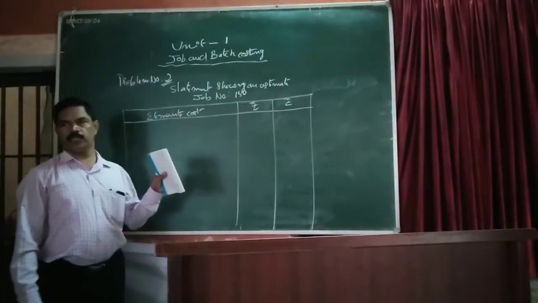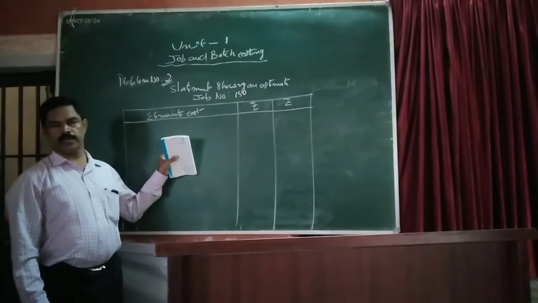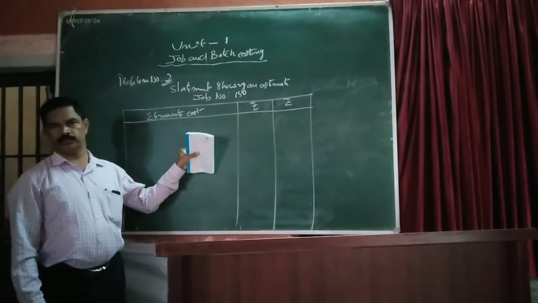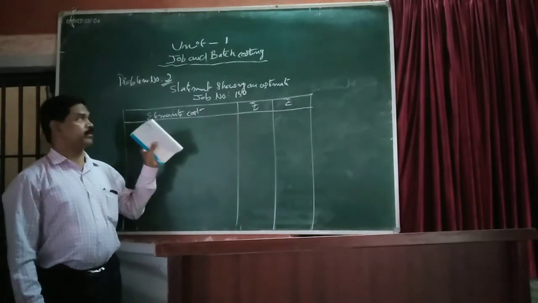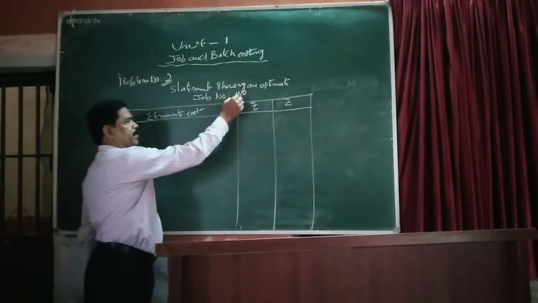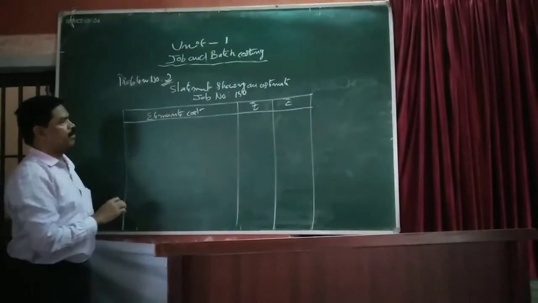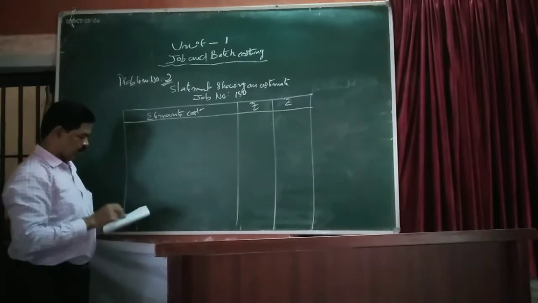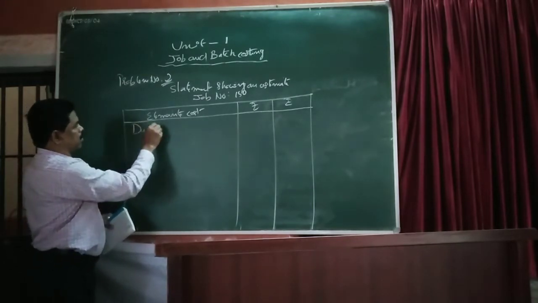See, while preparing the cost sheet, we take the expenses related to the entire organization or a particular department, but here we take expenses related to a particular job. So that's why it is a job cost sheet. So elements of cost. First, direct materials consumed.